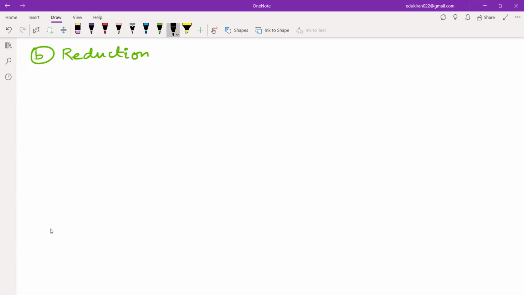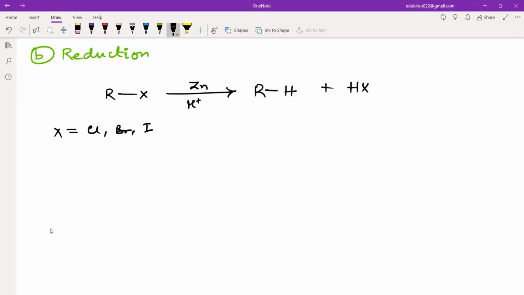So in reduction, we are reacting haloalkane with zinc in the presence of H plus, and it is going to give me RH, that is the alkane, plus you will make HX, and zinc is acting as a catalyst. And here X is chlorine, bromine, and iodine.